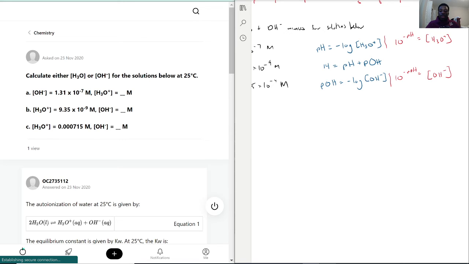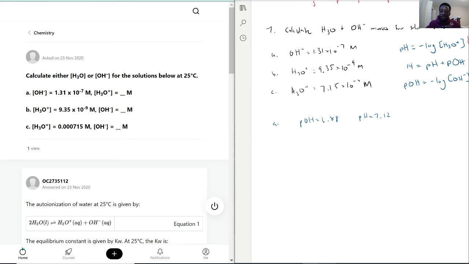Okay, and we get a pOH of 6.88. Now in order to find the pH, we just subtract that from 14. So now we have a pH of 7.11. Well, 7.12 if you round it.